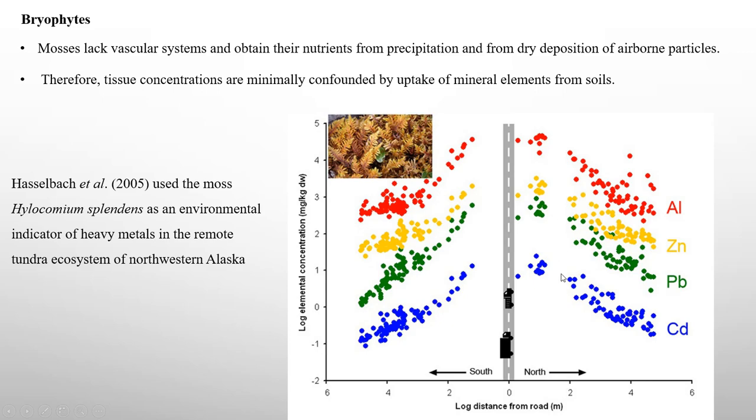So as you can see in this graph, metal concentration in moss tissues was greatest adjacent to the road and decreased with distance. These 4 dots represent 4 different contaminants, and as the graph shows, the concentration of these heavy metals decreases with the distance, and thus it validates the hypothesis of those researchers that overland transport was indeed altering the surrounding environment.